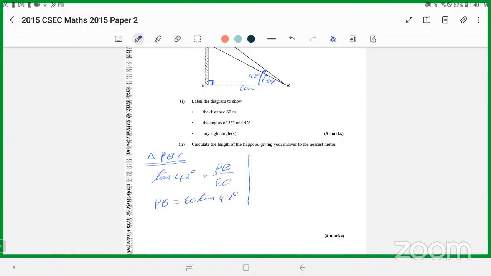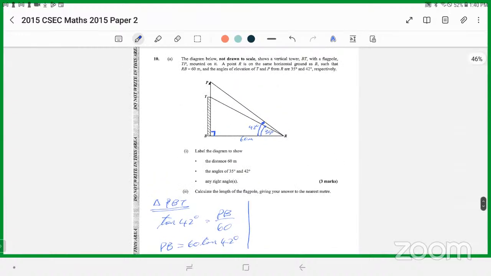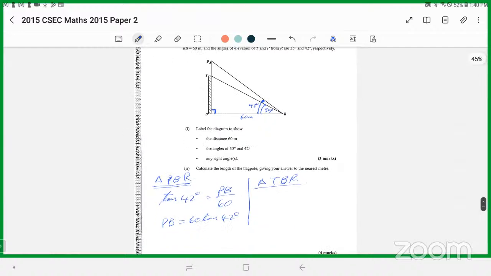In the other triangle, the small one, we get a similar thing. Triangle TBR, the small one. Tan again.